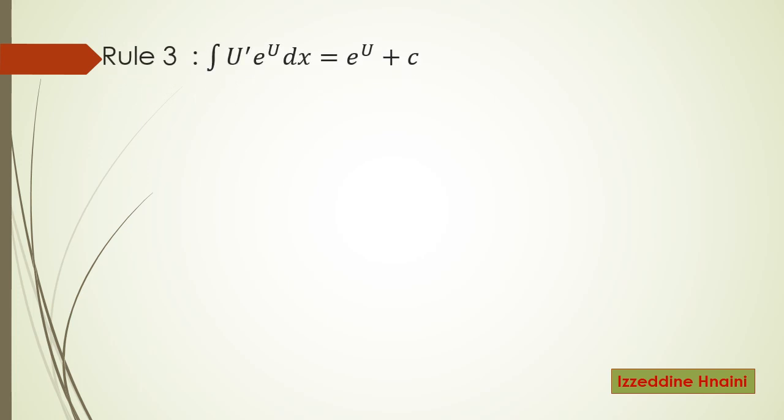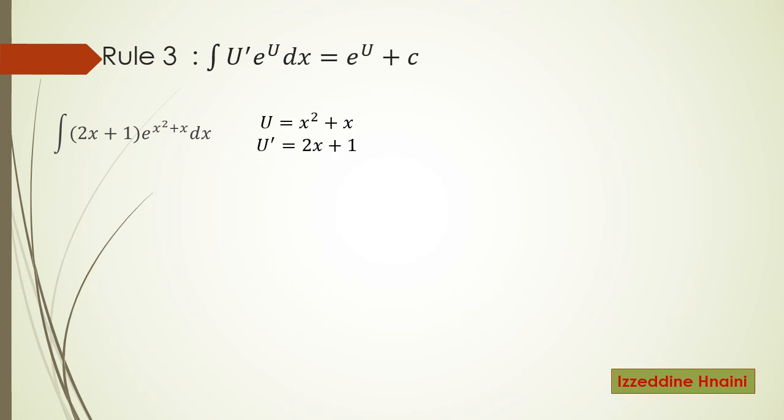Now, rule 3. We know that the derivative of e^u is u' e^u. So, the antiderivative of u' e^u is e^u. For example, (2x + 1) e^(x² + x). Here we take u as x² + x.